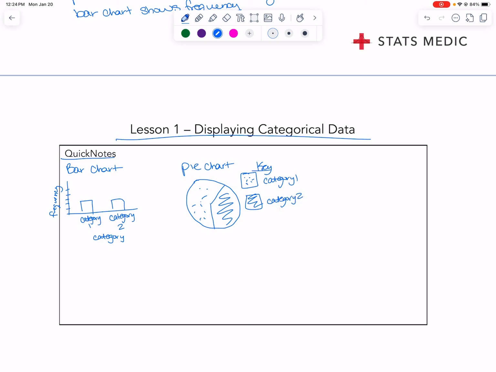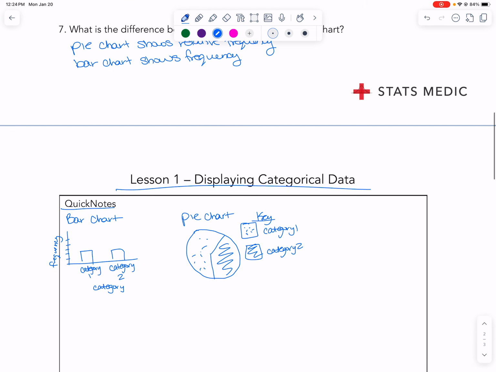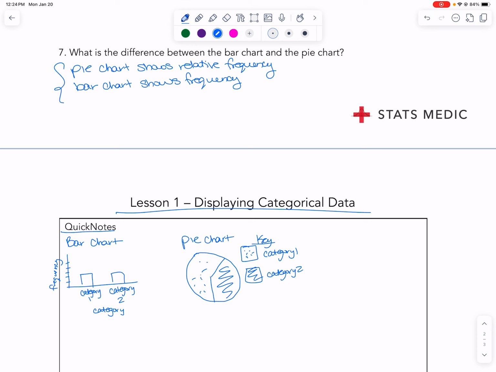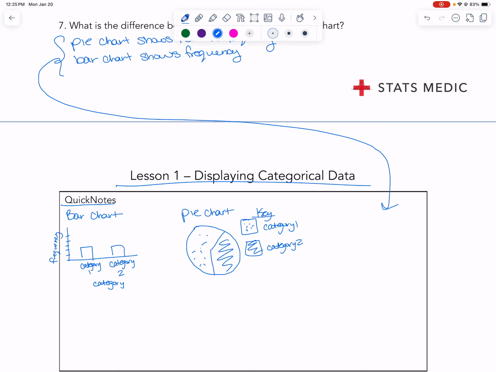And you'd have to have a key for your pie chart, otherwise it doesn't make any sense. And then other things that are important are what your pie chart and your bar chart show. So pie chart shows relative frequency, so you would want to recopy this over. Pie chart shows relative frequency, and the bar chart shows just frequency. And then make sure that you label your axis, okay? And that is it for the notes for this section.